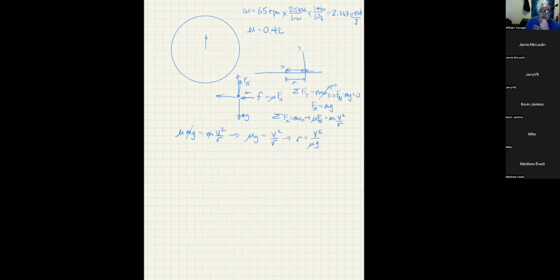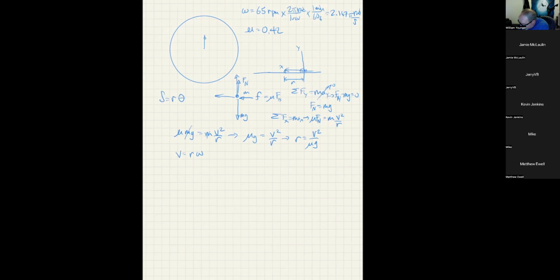So what I also know is that v is equal to r times omega. You can see that from the equation that gives us radians: s is equal to r times theta. s is the arc length, r is the distance out, and theta is the angle you turn through.